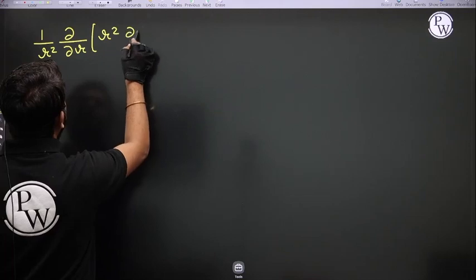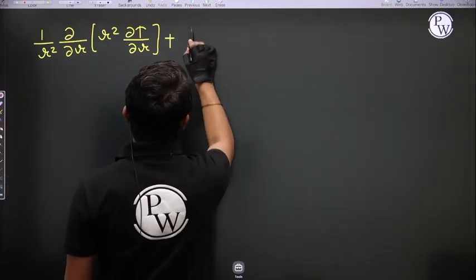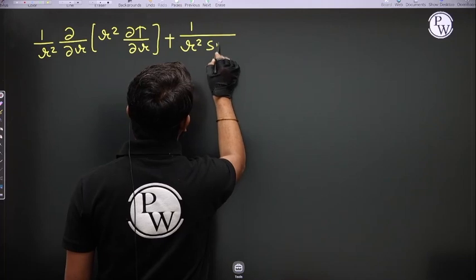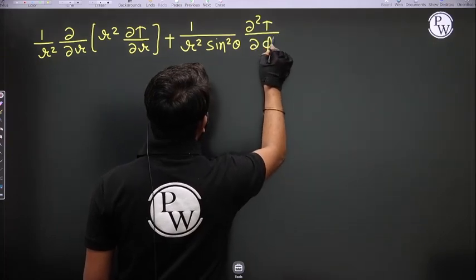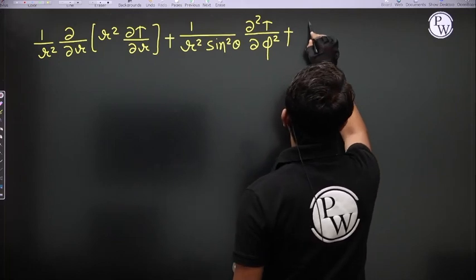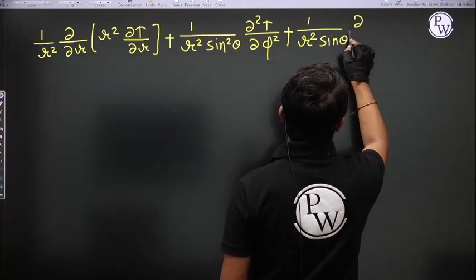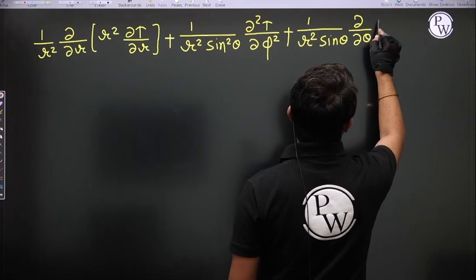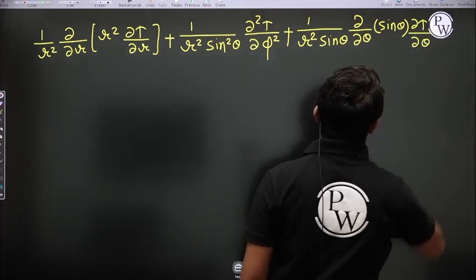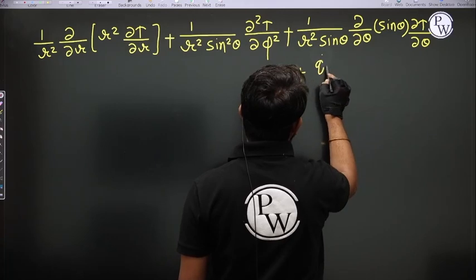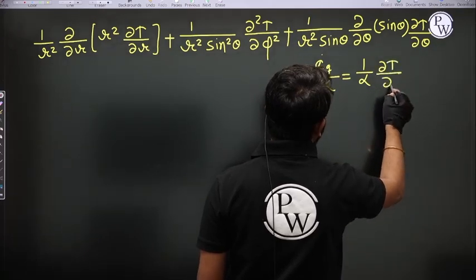1 by R square del by del R of R square del T by del R, plus 1 by R square sin square theta del square T by del phi square, plus 1 by R square sin theta del by del theta of sin theta del T by del theta, plus Q dot G by K is equal to 1 by alpha del T by del tau.